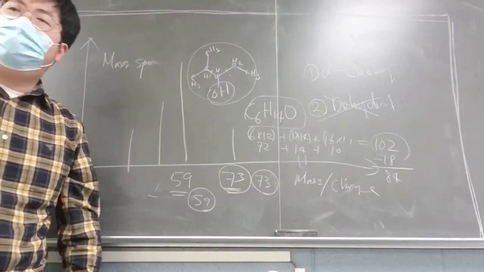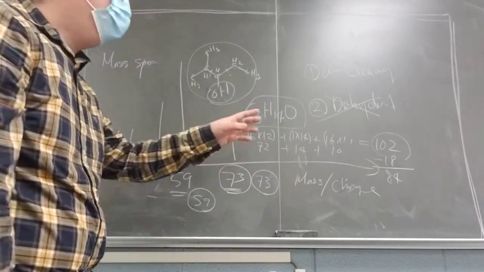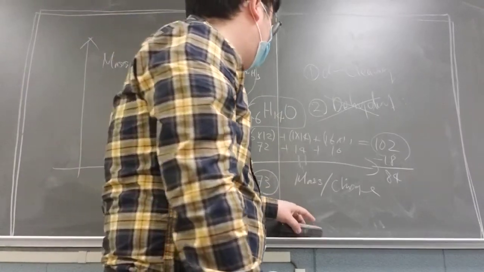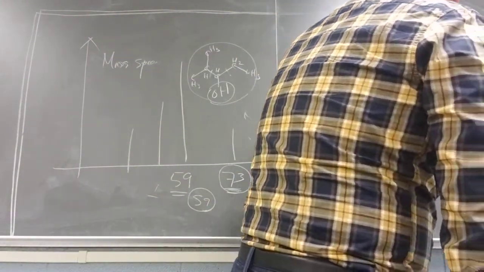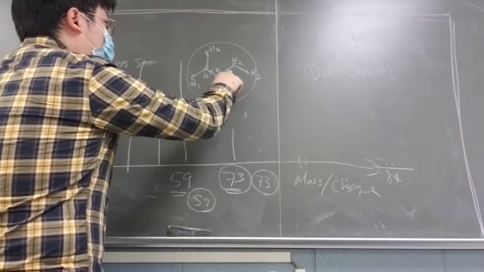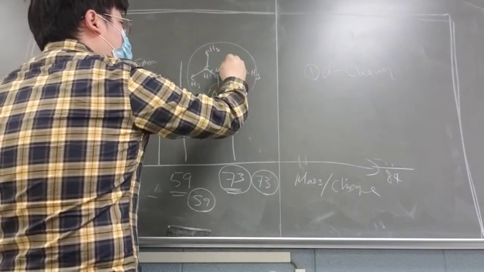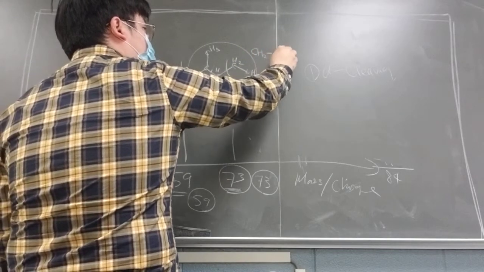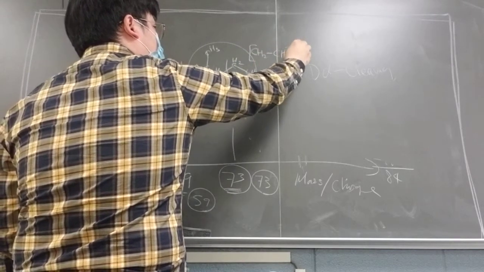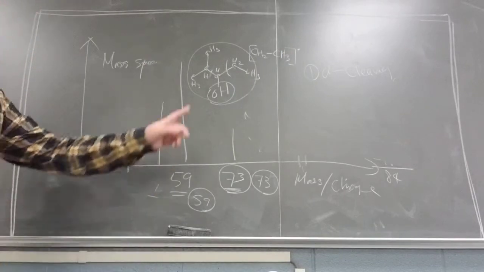But let's double check if it did really alpha cleavage on this fragment. First of all, when you break this one apart, this will be CH2. This radical you're going to lose from this cutting.